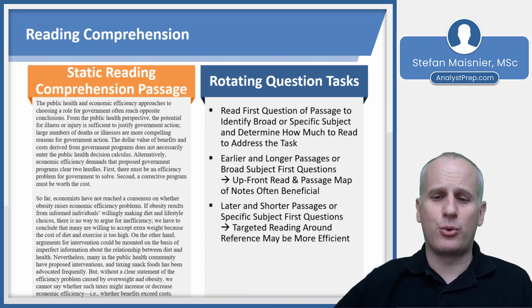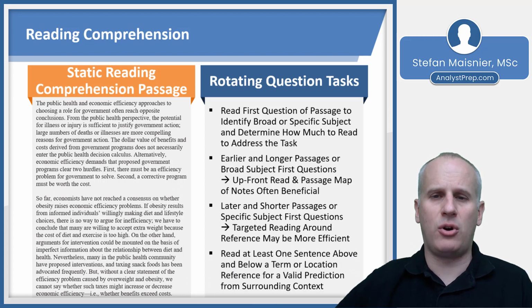For later and shorter passages, though, or if you have a specific subject for the first question of the passage, targeted reading, meaning reading just for that term or location, may be more efficient. And you'll always want to read at least one sentence above and below a term or location reference to be able to make a valid prediction from the surrounding context.